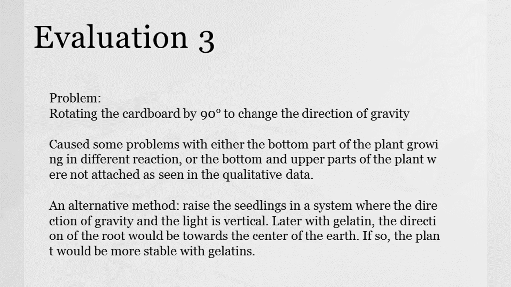As for the problem of turning the cardboard 90 degrees, the bottom part growing in a different direction, I thought it's because of geotropism, because when the plant is moved from horizontal, it tends to go vertically. To prevent this, instead of rotating the cardboard by 90 degrees, I could grow the plant in a flat area, so the root grows vertically from the shoot.